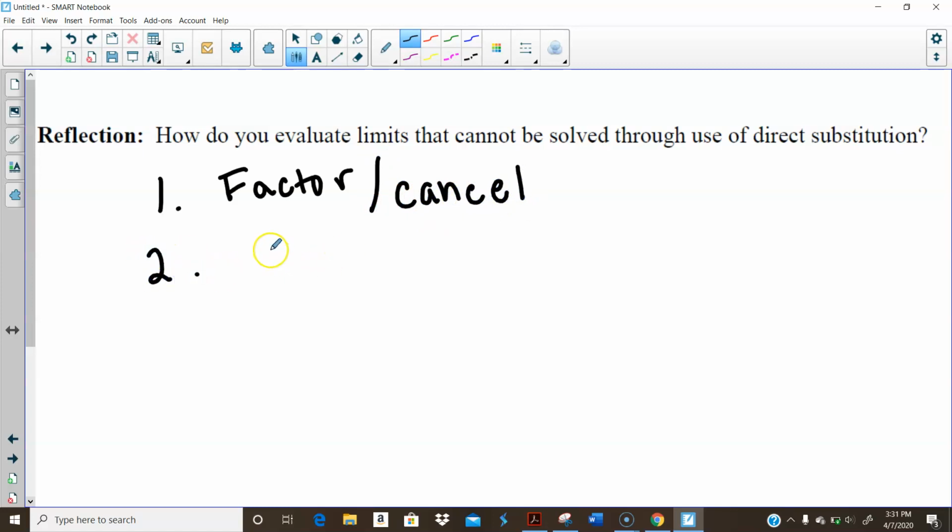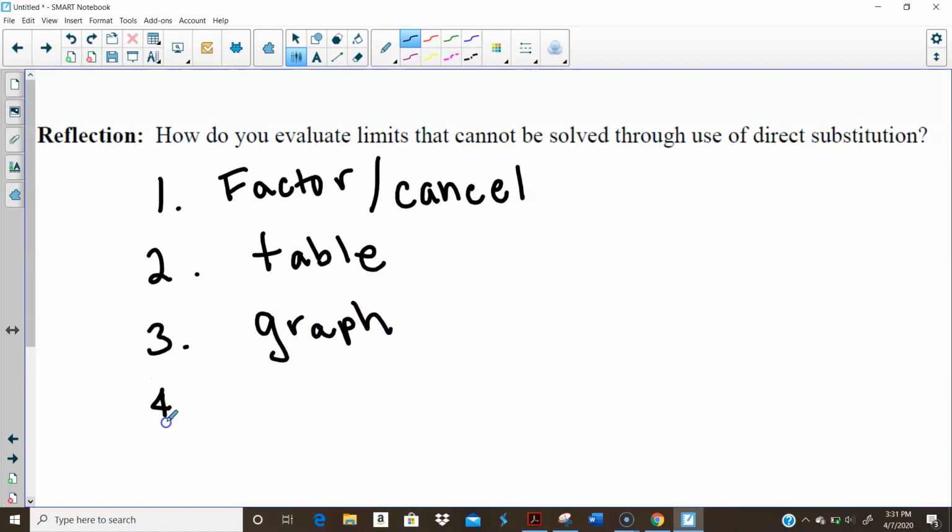Another method that I could use is I could evaluate a table to see if I'm approaching a certain number. I could use a graph. I think the graph is the easiest way to find the limit. And then in this lesson today, we learned how to rationalize a square root in order to find the limit.